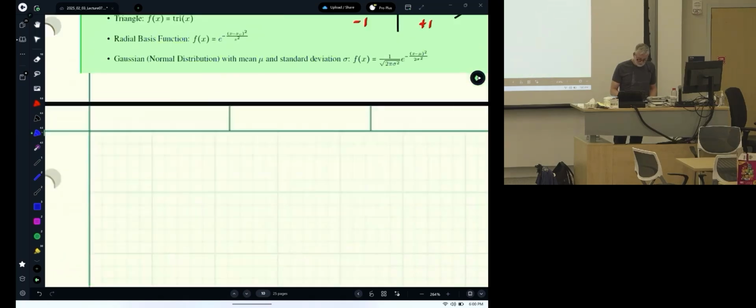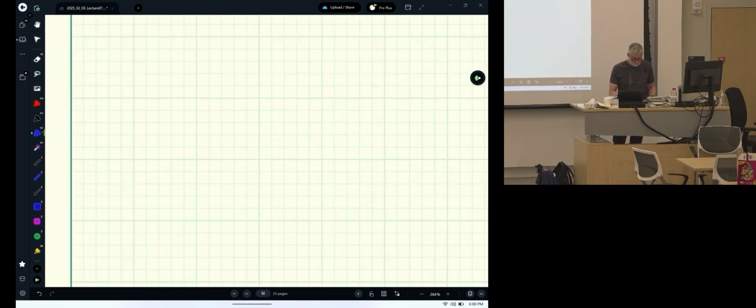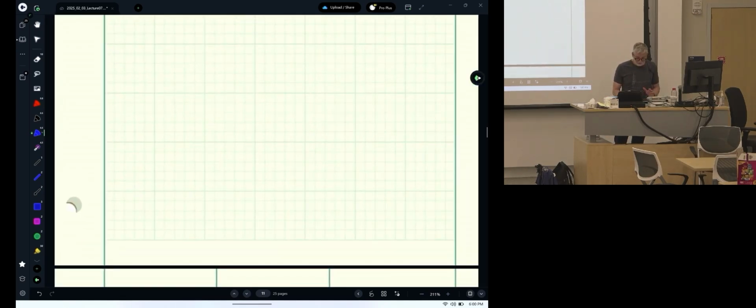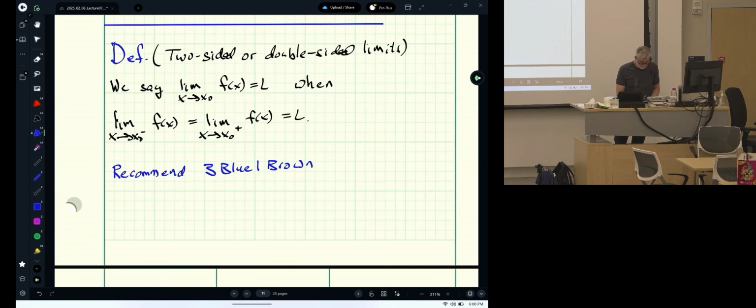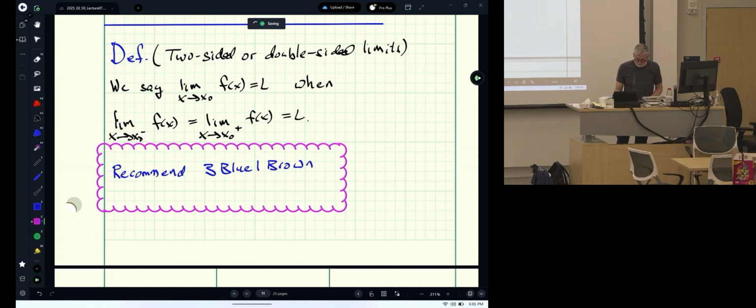Okay, a list of functions that are continuous. What happened? Okay, calm down. Yeah, so I highly recommend that 3 Blue 1 Brown video as a supplemental thing.